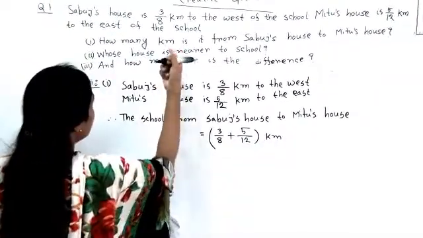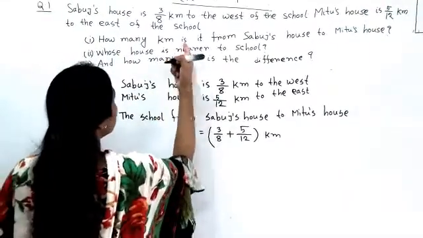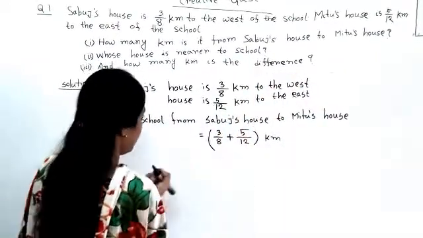That means the total kilometer from Shobu's house to Mitu's house.